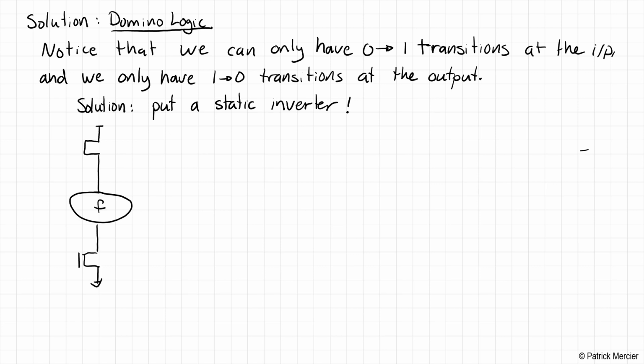And then we have our NMOS footer device here. So again, this is the clock signal phi. We have some inputs into our function in this pull-down network here. And we note that these inputs only go from, I guess, 0 to 1 at the input here, which means that our outputs can only go from 1 to 0 at the output.